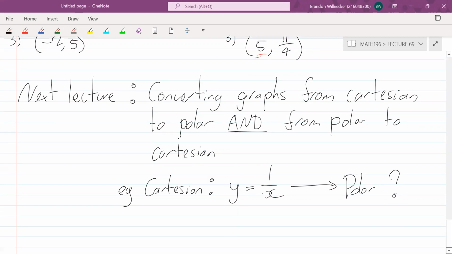Okay, and then we'll also see how we go back. Okay, so if I give you a graph in polar coordinates, something like r as a function of theta, for example, how can I go back to a Cartesian? Okay, we're going to have a look at that in the next lecture. Okay, any questions on what we've covered today?